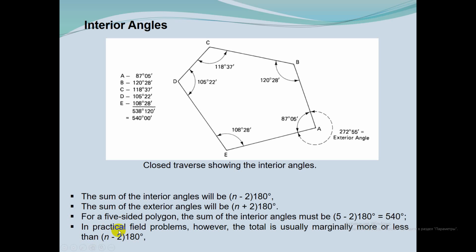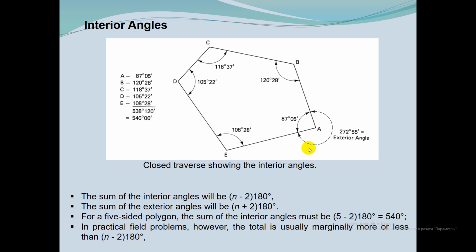In practical field problems, however, the total is usually marginally more or less than n minus 2 multiplied by 180 degrees.